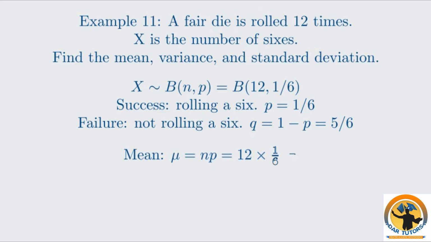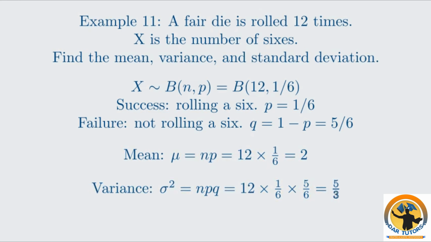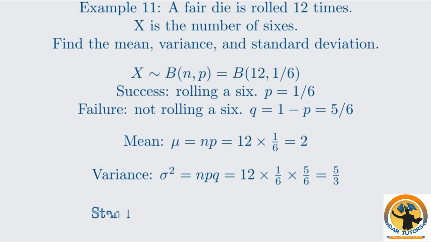We expect to roll a 6 about 2 times out of 12. For the variance, it's n times p times q, so 12 times 1/6 times 5/6, which simplifies to 5/3. And the standard deviation is the square root of the variance, which is the square root of 5/3, or approximately 1.291. This tells us the typical deviation we can expect from our mean of 2.